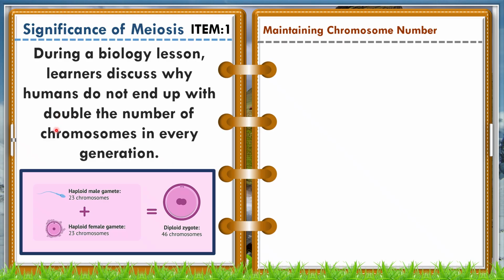Why do humans not end up with double the number of chromosomes in every generation?